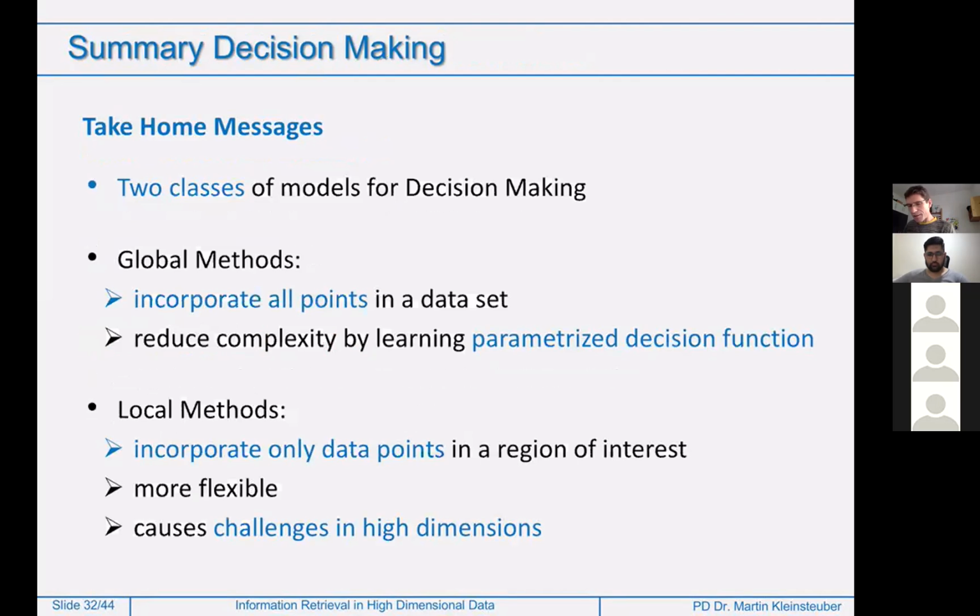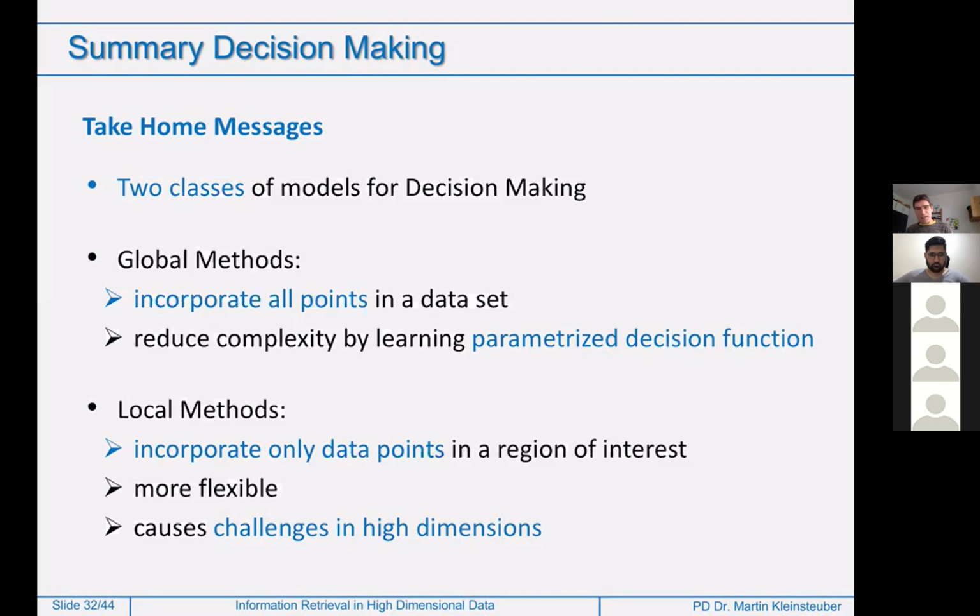To summarize what we have learned so far, we have looked at 2 classes of models for decision making. The global one incorporates all points in the data set, and we reduced the complexity of the problem by learning a parameterized decision function. And there are local methods, which incorporate only data points in a region of interest.